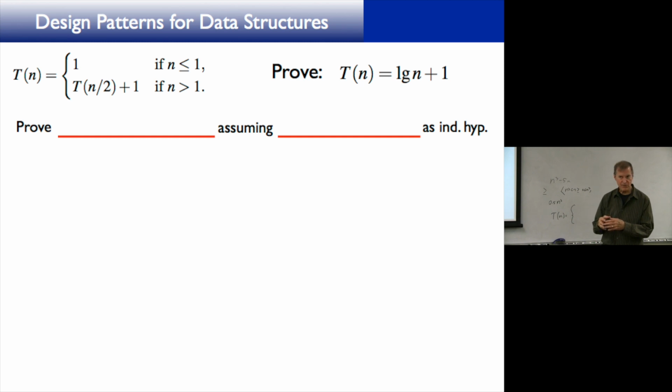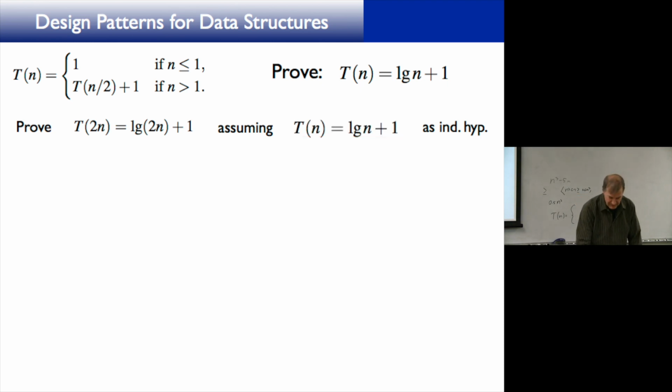If the recurrence is dividing by 2, we don't prove exactly the same thing anymore. We prove T of 2n equals log 2n plus 1, assuming what? T of n equals log n plus 1 as the inductive hypothesis.